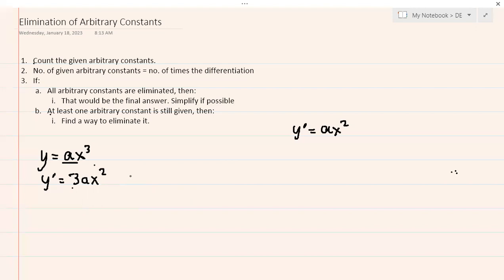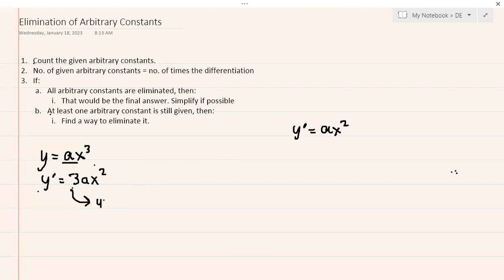So dito, what I can use here is substitution method. Okay? So gagamitin ko dito si substitution method to cancel out or eliminate the arbitrary constant. So let's start with this one. Gamitin ko tong equation. Itong si y prime is equal to 3ax squared.